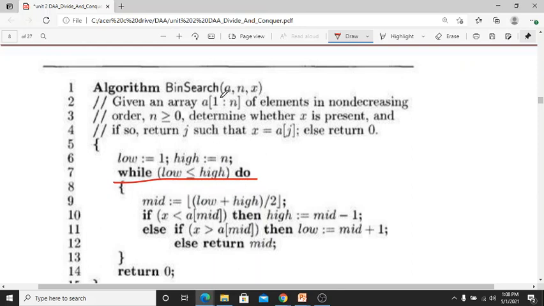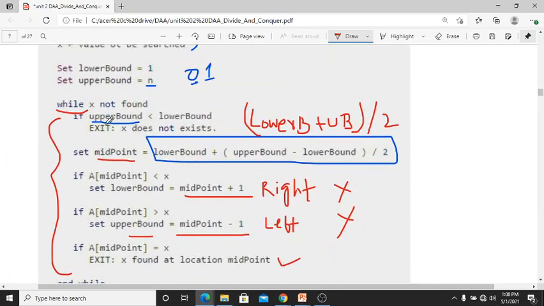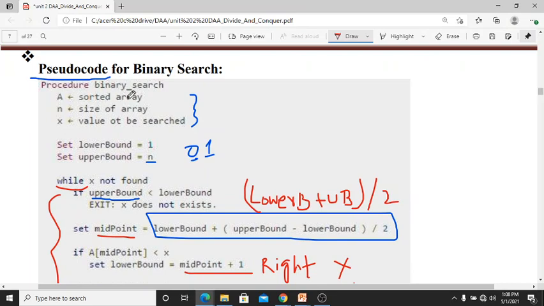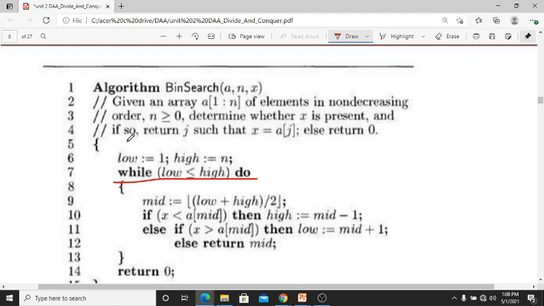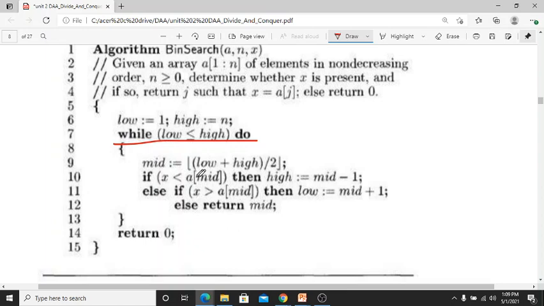This is simple. The same thing we have done in the while pseudocode, we are writing in the algorithm. Low equals 1, high equals n. While low is less than or equal to high, do mid equals low plus high by 2.